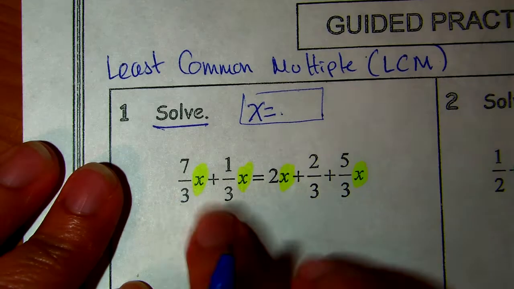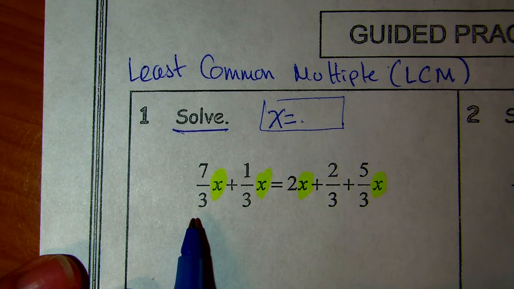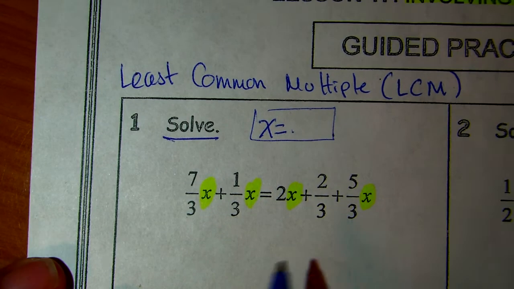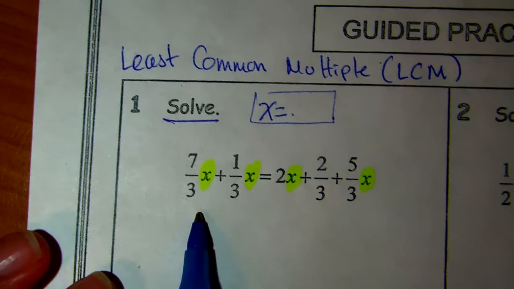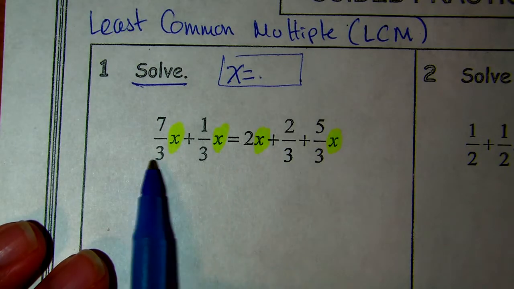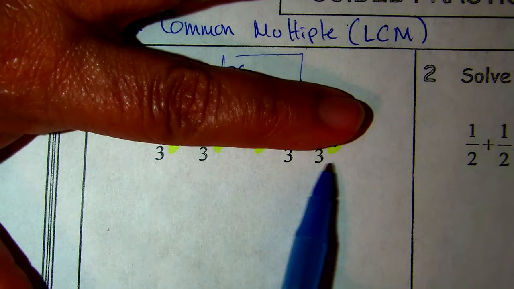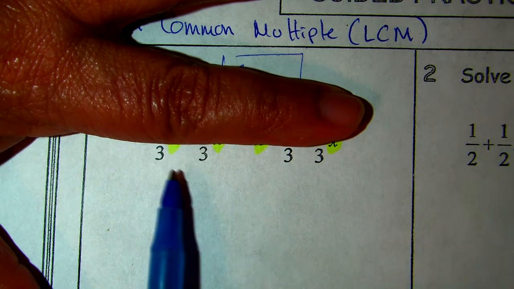So, do we have fractions? Yes. So instead of a moo-moo here or quack-quack here, whatever, because of the song, we're going to use the least common multiple. In this equation, we have to look at the denominator. All fractions here have a common denominator, a 3.